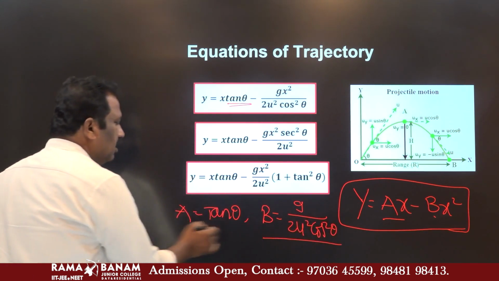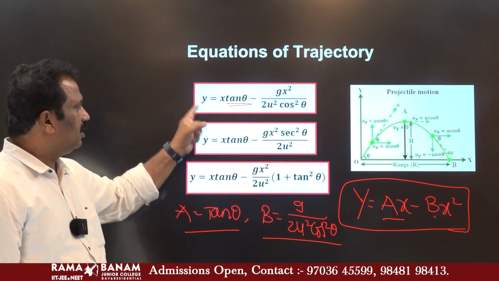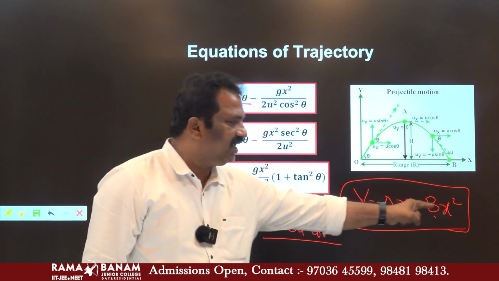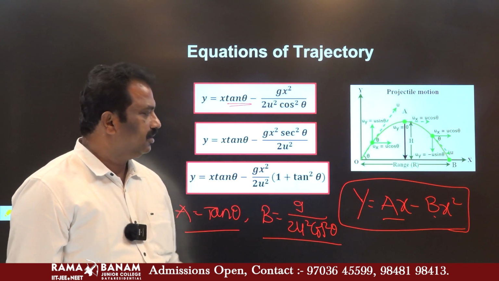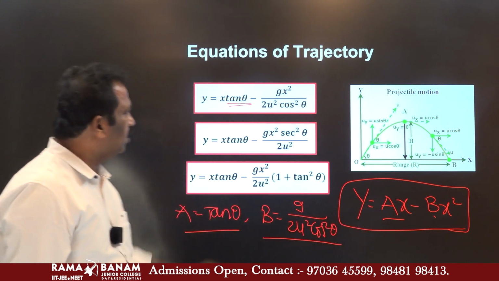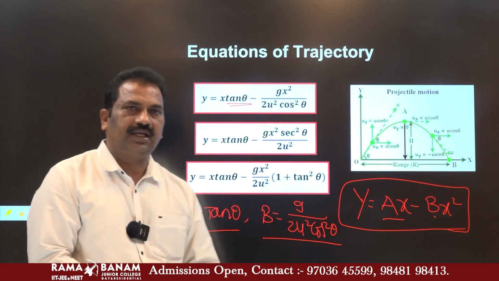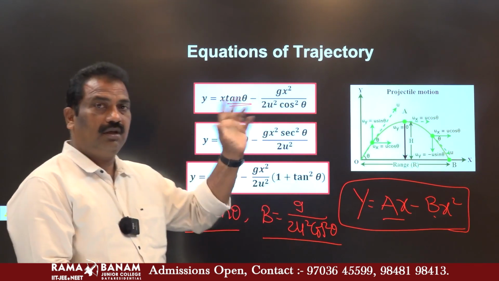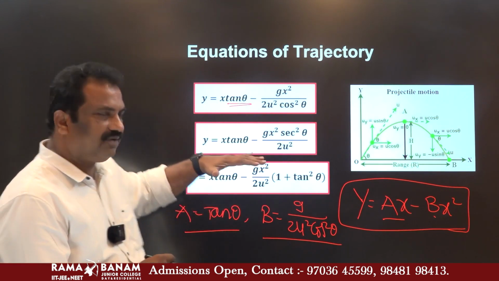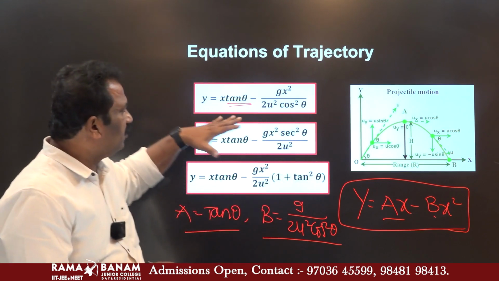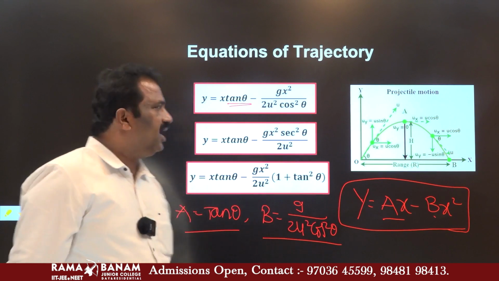These are the very important points. y is equal to ax minus bx square gives the parabolic equation, where a is equal to tan theta and b is equal to g by 2u square cos square theta. These values are already discussed at intermediate level, but in the case of objective level, we can directly use y is equal to ax minus bx square.